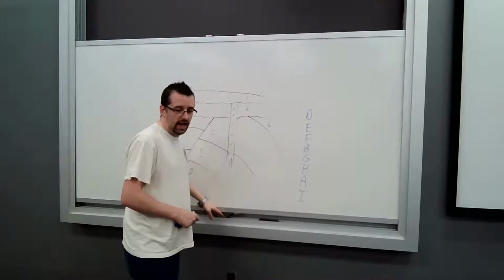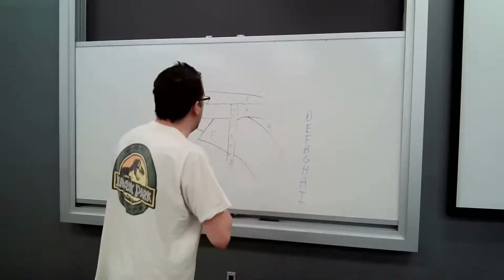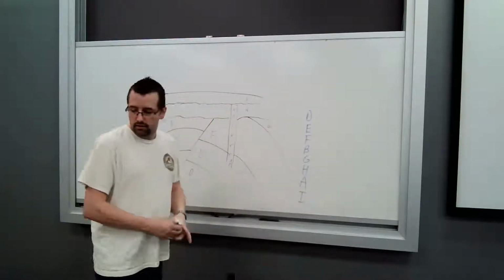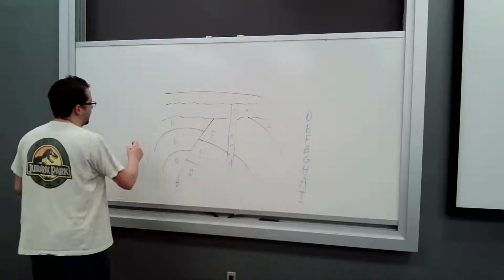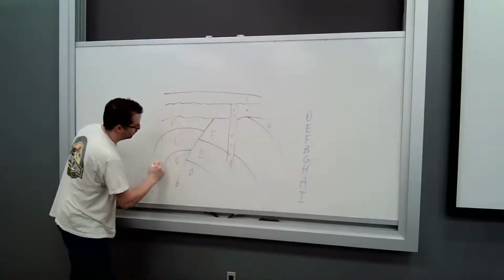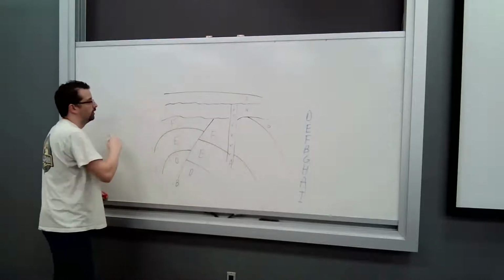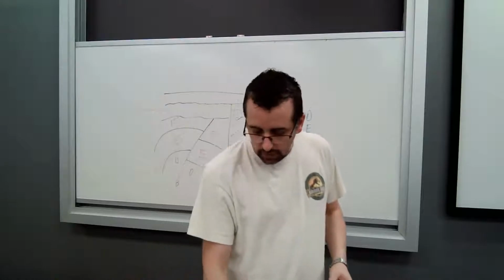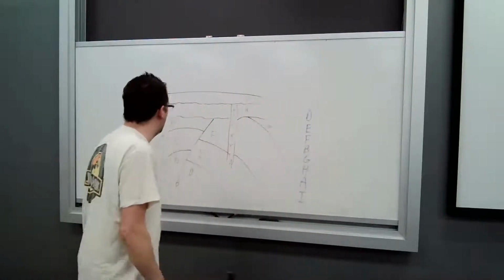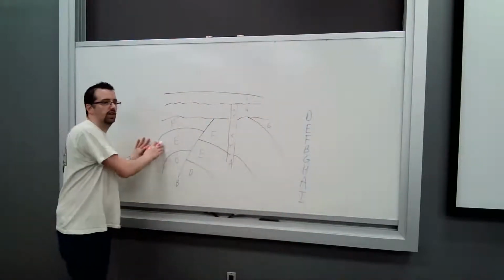So let's say we had a magma intrusion in some way that kind of cut its way in here. You won't see a lot of this on the test, but this is an unconformity. And all you have to do is treat this like another layer.